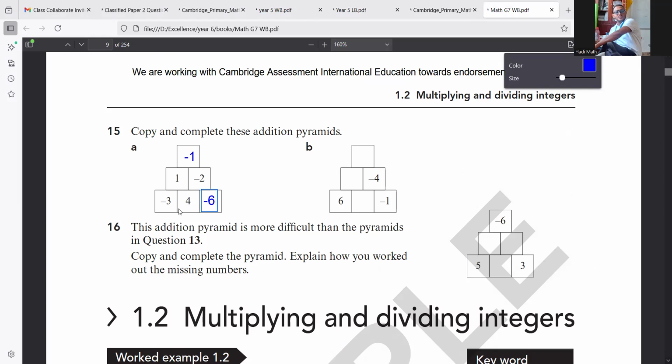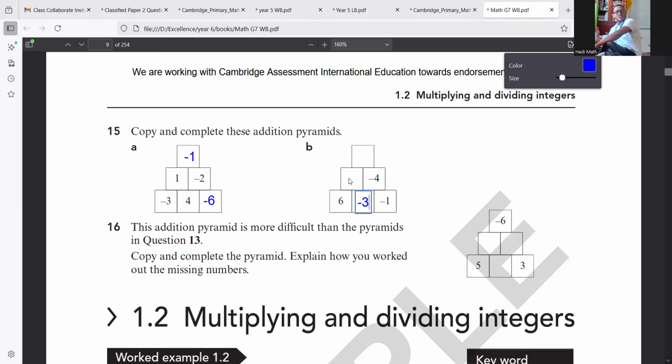Remember, please, when I say 4 with a number gives you -2, that means the number should be negative. This number is -1, and it gives you -4. So this number should also be negative. It will be -3, because -3 and -1 will give us -4.